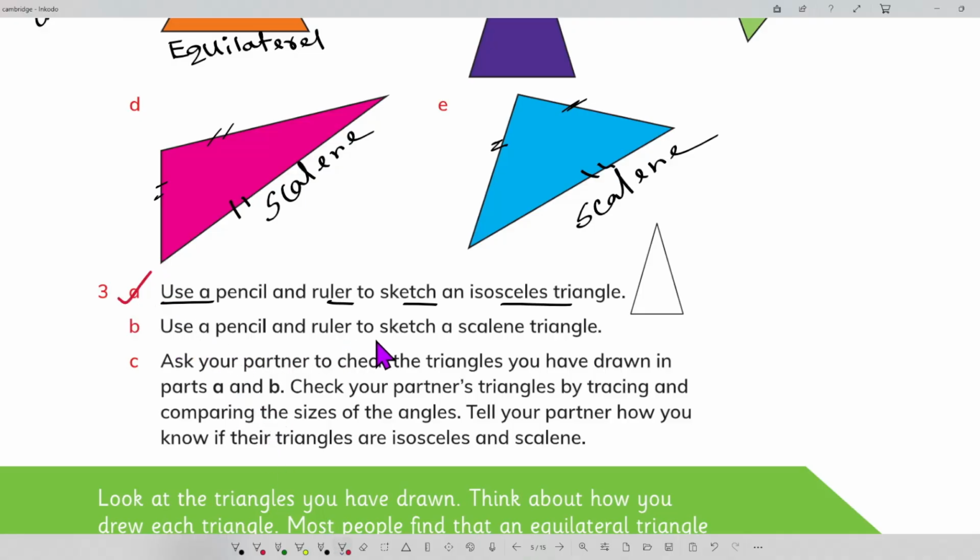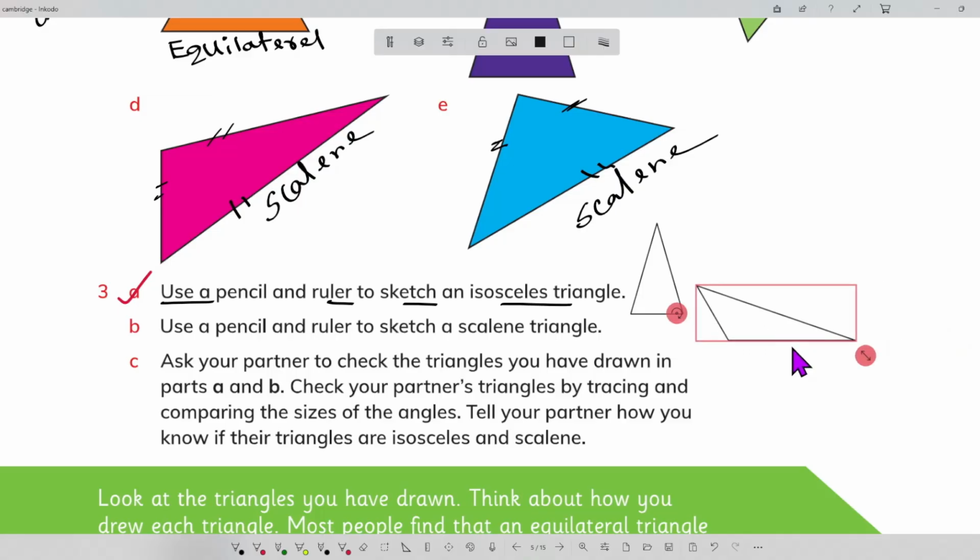Use a pencil and ruler to sketch a scalene triangle. A scalene triangle like what? We can draw this one, suppose like this. All the sides are different. Okay, so this is number A and this is number B.